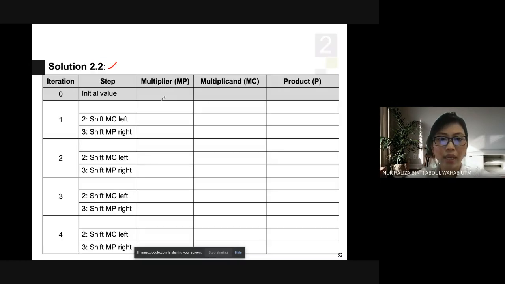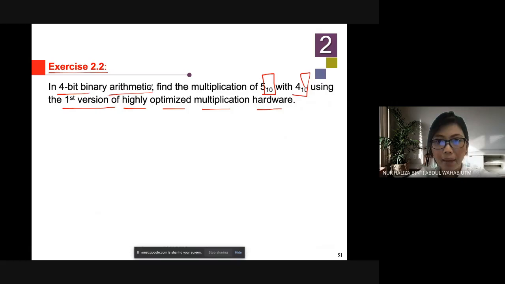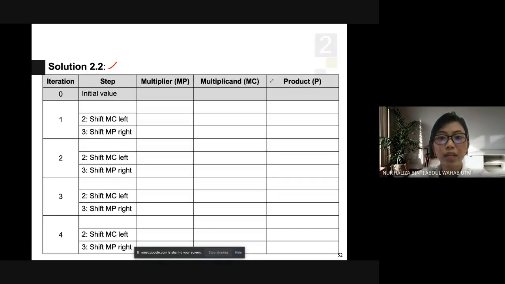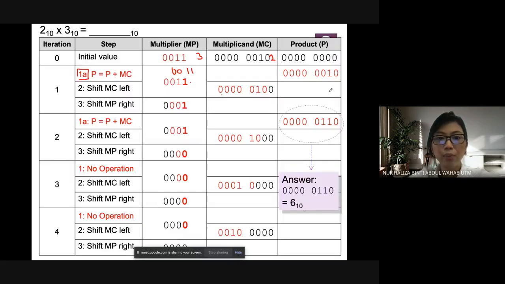So what is MP over here? 5 and 4, so you need to have 5 and 4. Where is 4, and where is 5? And what is the initial product? So please try to do this exercise, and basically it is similar to this.